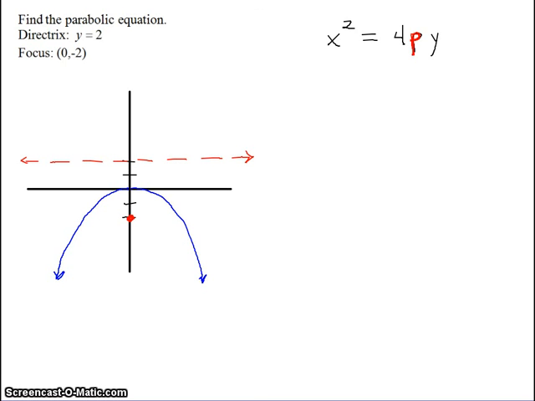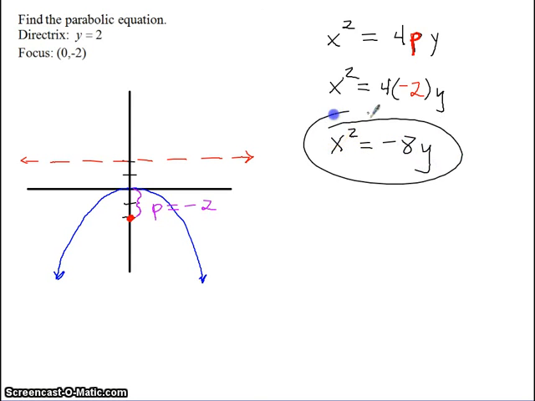Remember, the p-value is the distance from the vertex to the focus point, and we see that we have a distance of 2 there. So because we're face down, p is going to be equal to -2. We simply need to plug in that p-value of -2. We have x squared equals 4 times -2 times y, and that gives us x squared equals -8y.